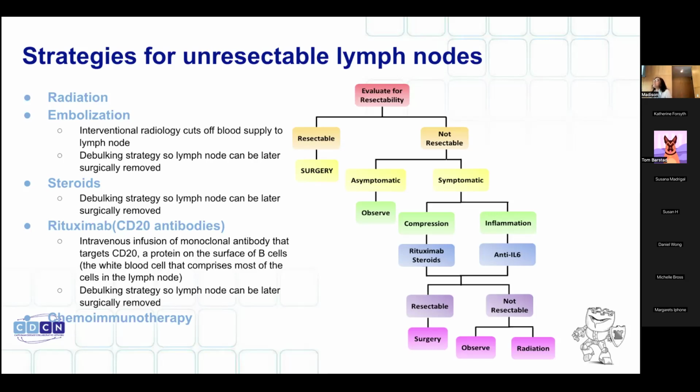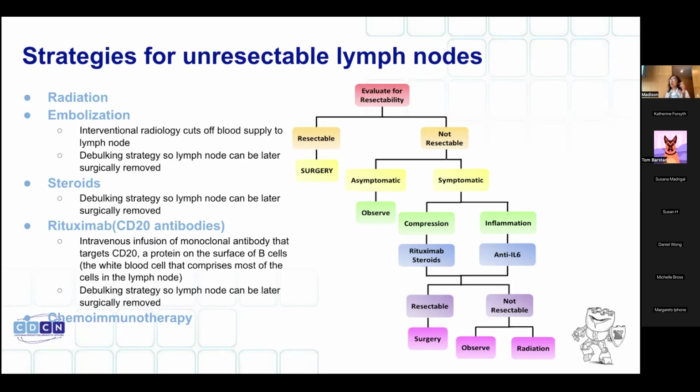If it's only inflammation, what does that mean? If it's fevers and sweats and anorexia and general fatigue, then you need to reach for the anti-IL-6 antibodies like siltuximab or tocilizumab. Now, if you get beyond that and you're doing the therapy and the lesion suddenly becomes resectable, you send them back to the surgeon, okay?